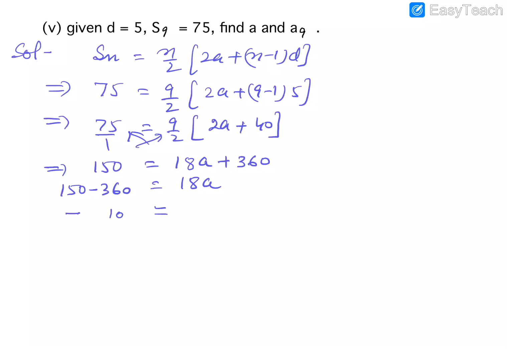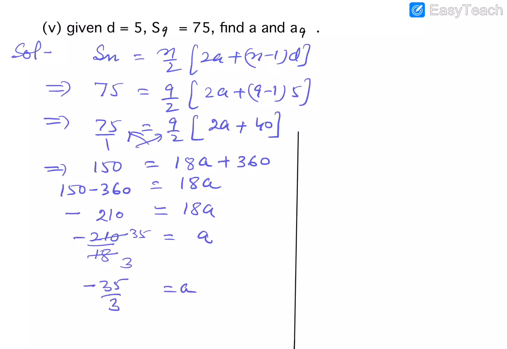210. So a is equal to minus 210 by 18. Now a9 is given by a plus 8d, where a is minus 35 by 3 plus 8 into d, and d is 5.